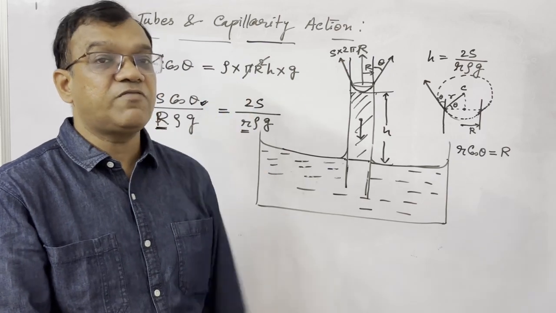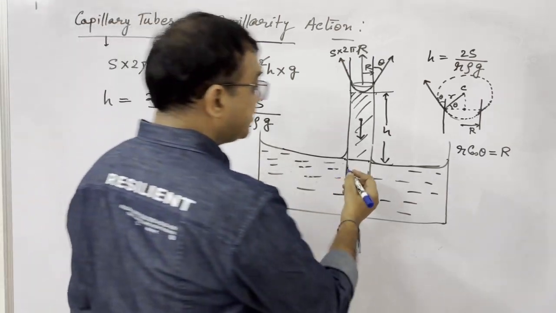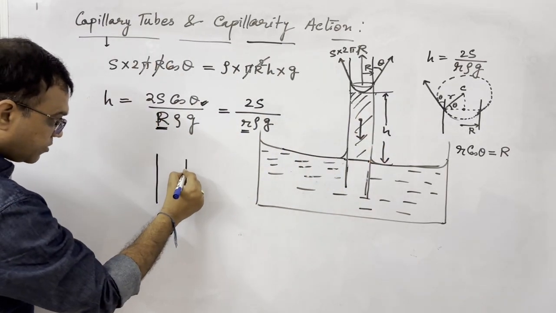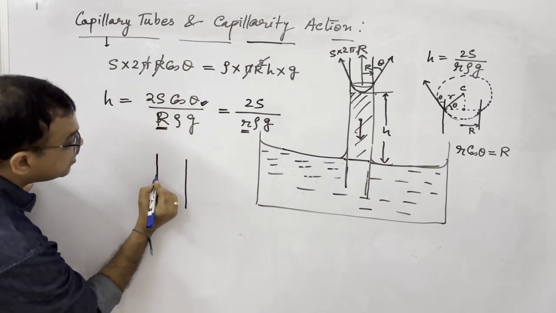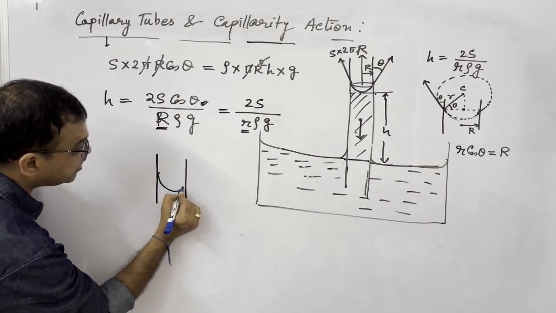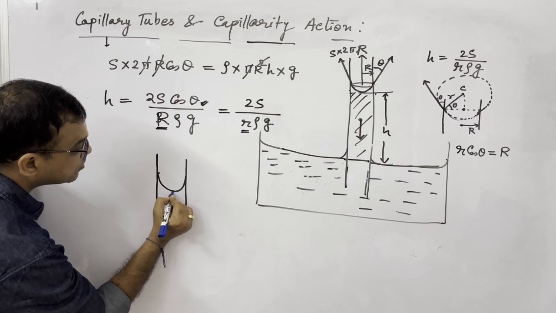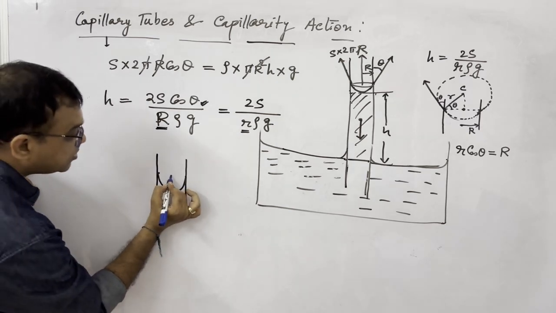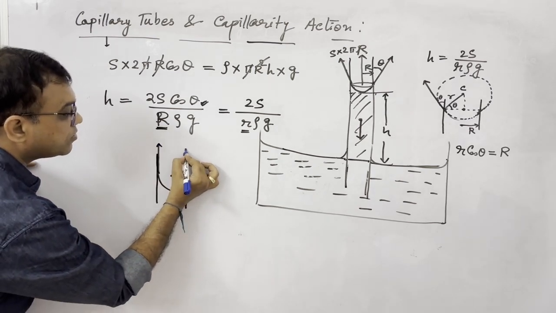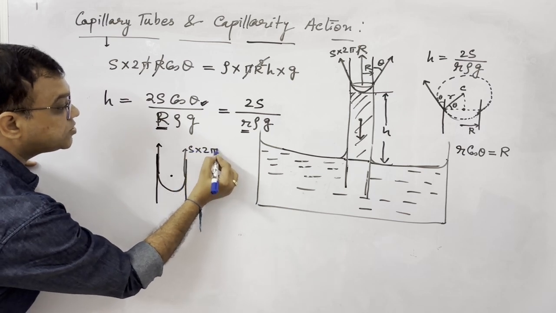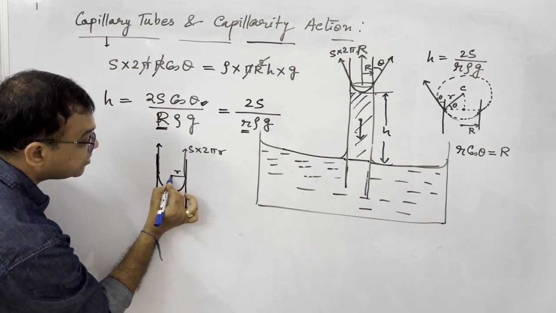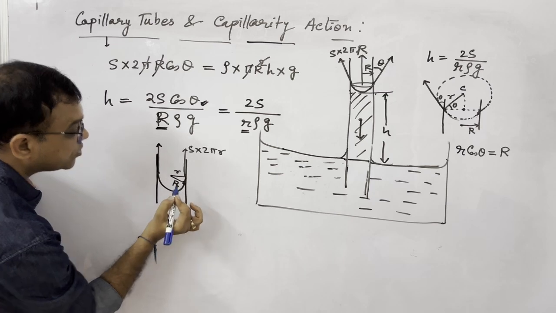But in one case they will be equal. In which case, try to understand this also. Similar type of diagram I am trying to draw here. If the meniscus is hemispherical like this, that is the contact angle is 0 and the surface tension force will be in this direction, then radius of meniscus and radius of the tube both are going to be equal.